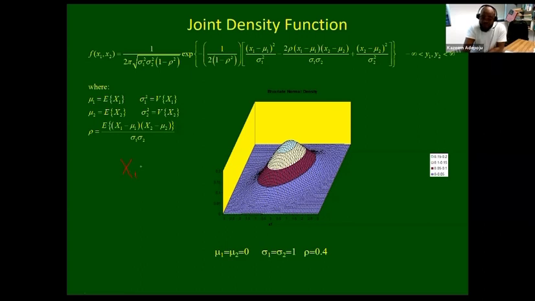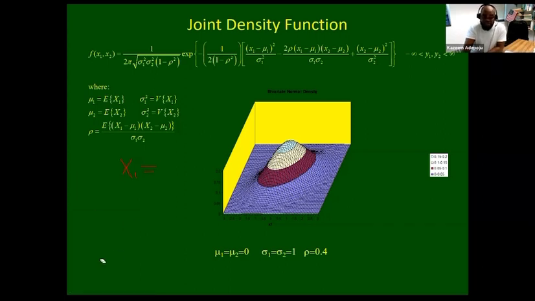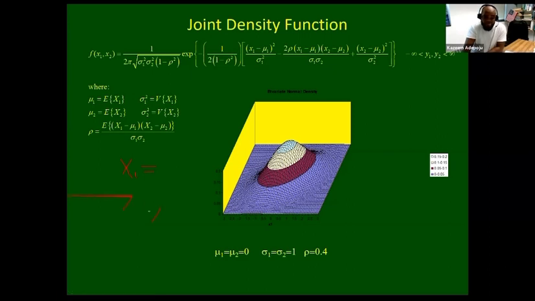The survivor time x1 represents the group that receives chemotherapy and physiotherapy, and x2 is the survivor time of those that receive only chemotherapy. I want you to take note of that. Now we've got X1 and X2. Now you may want to find the probability of X1 greater than X2.